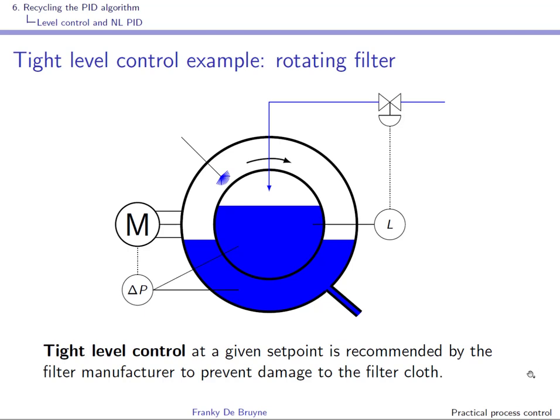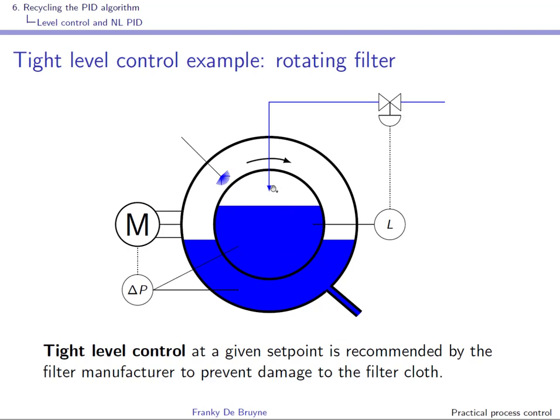If you go back to the introduction of the course, you will remember that the paper stock is brought on the wire system and the web is formed. The water is going through the wire to be collected and filtered. This white water, it's called that because it contains water, of course, and fibers, needs to be filtered, and this is done using this rotating filter.